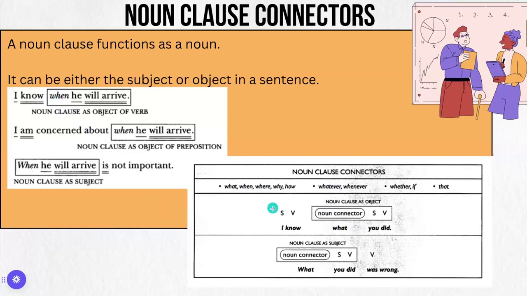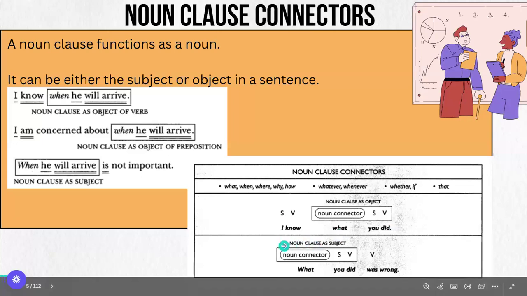So we'll usually have a subject and verb, which will be my first clause, and then the object of the sentence, which could be a noun clause. Or I can have a noun clause functioning as the subject of the sentence. When he will arrive, I have the connector, subject, verb. Why is there a verb like a duplicate? Because this is the verb of the sentence, whereas this is the verb of the clause.